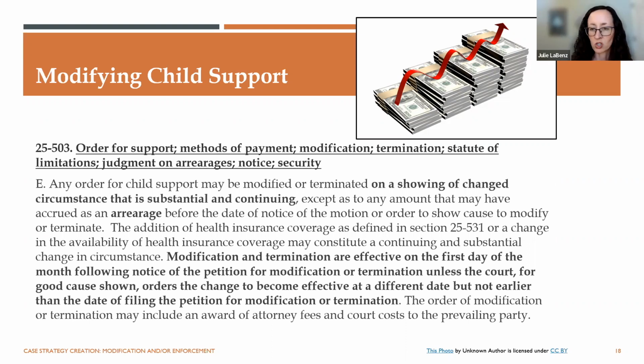When we go to the child support calculator in Arizona, you're putting in each co-parent's gross income. And if one co-parent gets remarried, their new spouse's income is not put into the calculation.